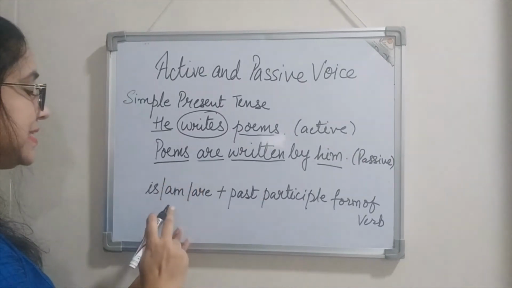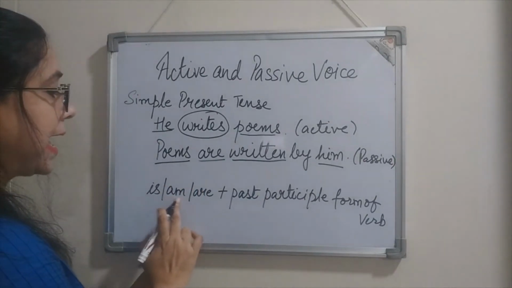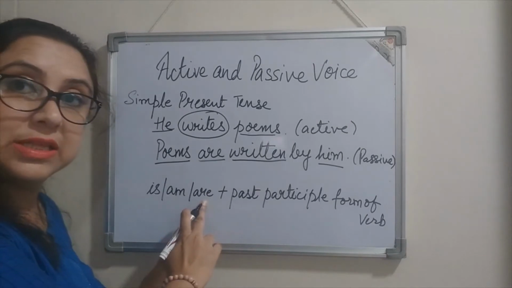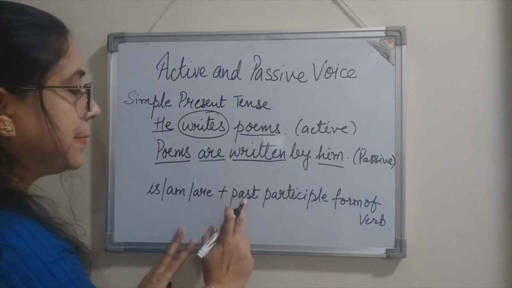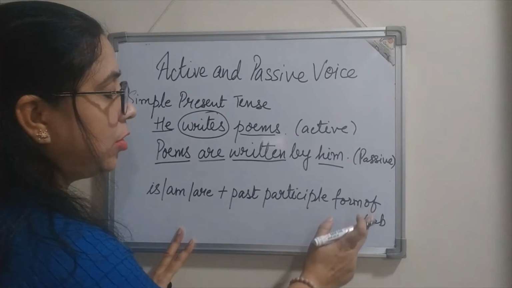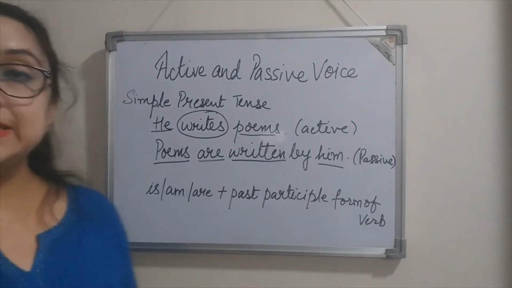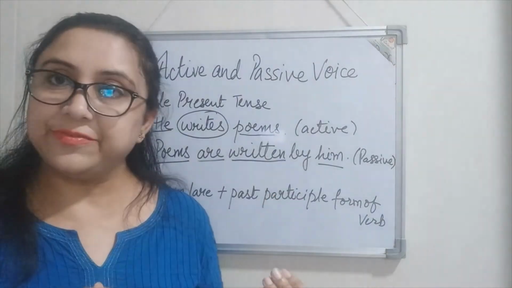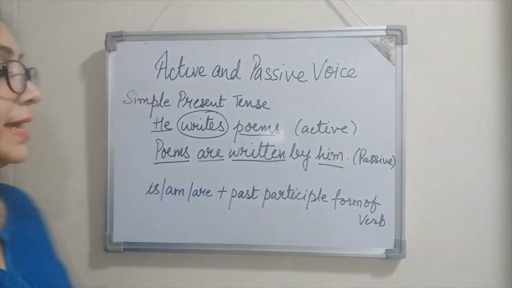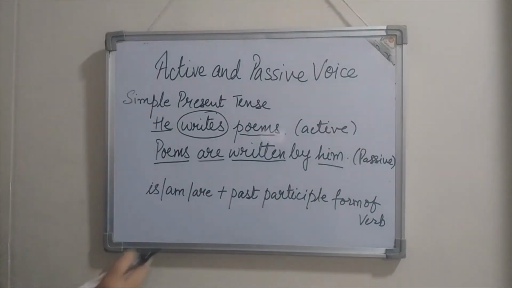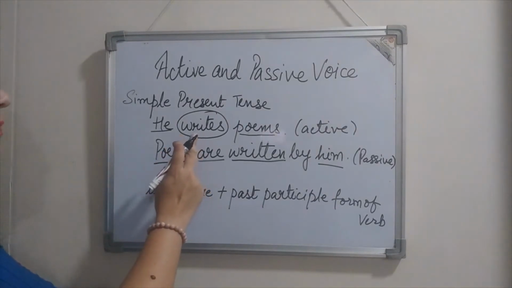So what is the basic structure? Is, am, are depending upon the subject, plus the past participle form of the verb. So this is how we change sentences from active voice to passive voice if the verb is in simple present tense.